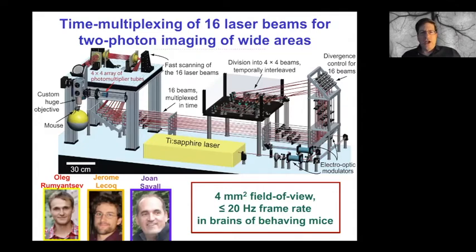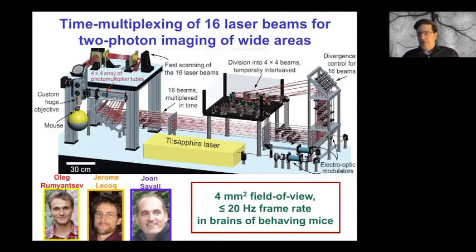It was designed and built by Oleg Romyancev, Jerome Lecoq, a PhD student at Stanford and postdoc who focused a lot on the optical engineering and electronic engineering, and Joan Saval, a robotic and mechanical engineer. And together, they developed this instrument which divides the illumination beam from one laser into 16 different optical pathways.